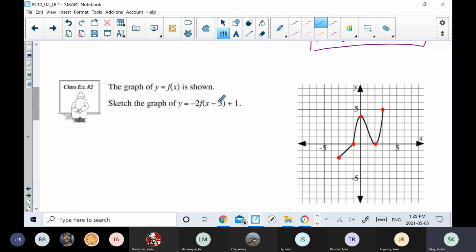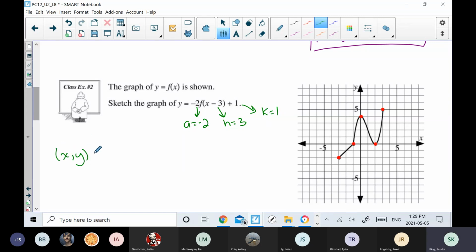What's this parameter, what's that guy, and what's that guy. I look, there's a 1 in front of my x, so I don't have to factor out, there's no b value basically. This is your a parameter. A is -2. This is your h parameter. H is 3. This is your k parameter. K is 1.